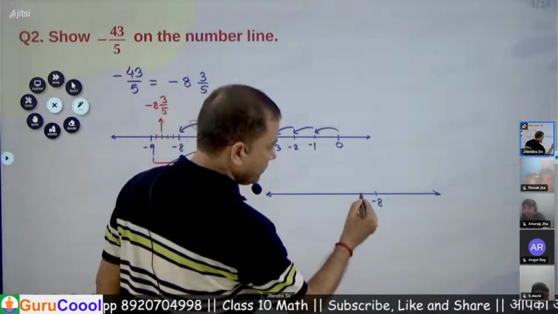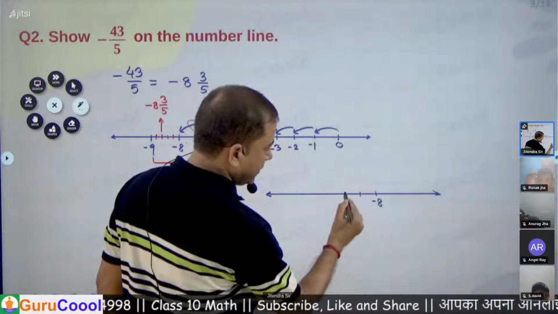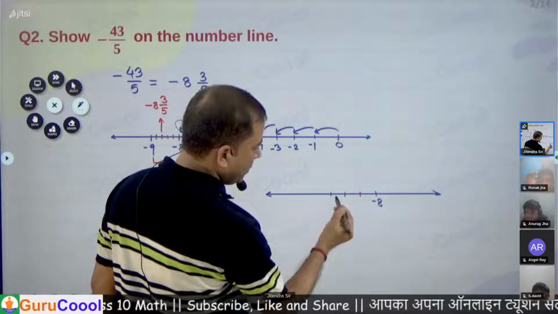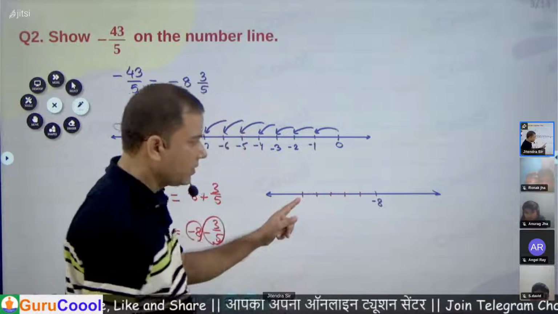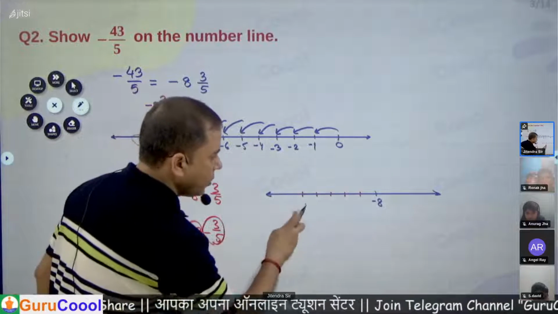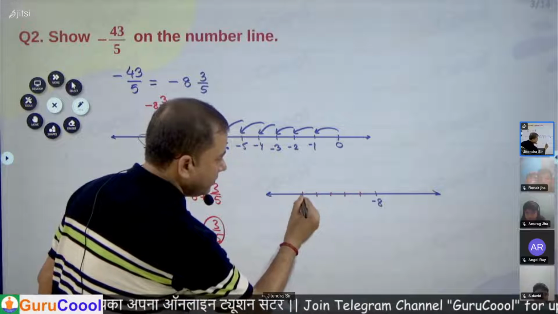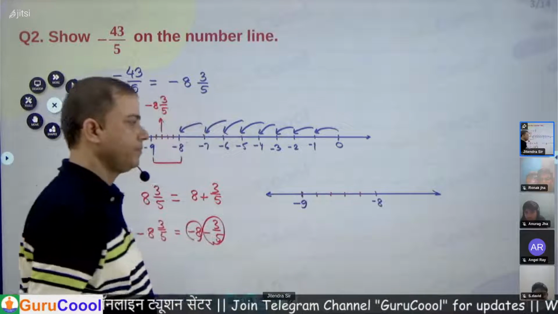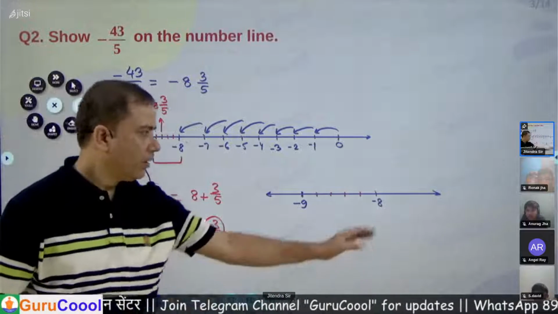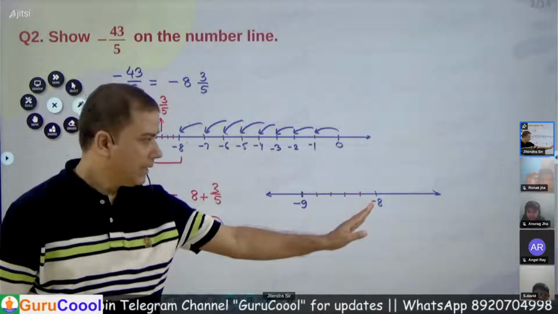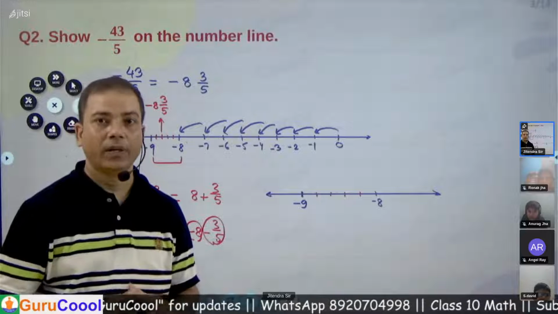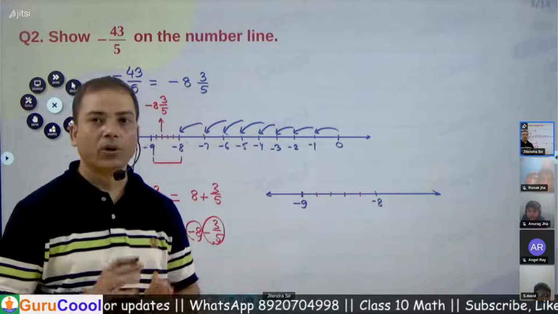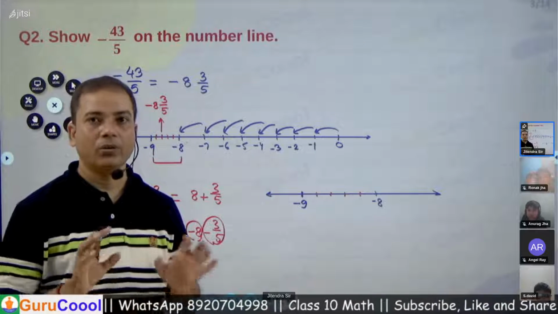See how: 1, 2, 3, 4. This point is the fifth, number 5. So here is -9. Got it? So first take -8, make 5 parts, and then take -9. This way you will be able to draw your picture clearly without any overwrite.